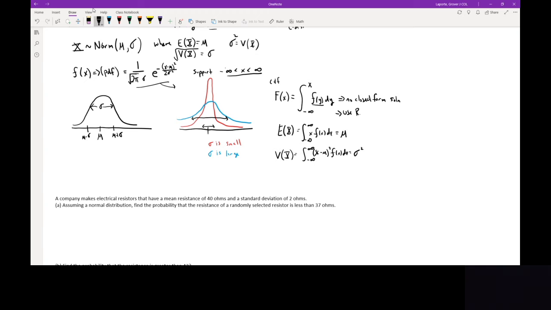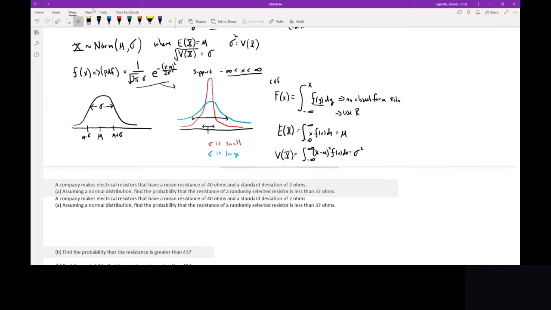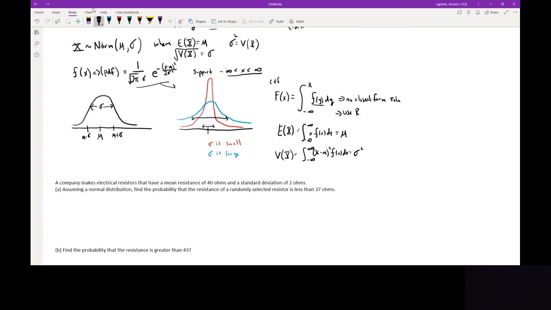All right, in order to get started here, I'm going to bring this up a little bit, and we're going to go ahead and solve this problem. A company makes electrical resistors that have a mean resistance of 40 ohms and a standard deviation of 2 ohms. The question is, assuming a normal distribution, find the probability that it's less than 37. So the way we model this is we start off with our random variable x, and we define it.